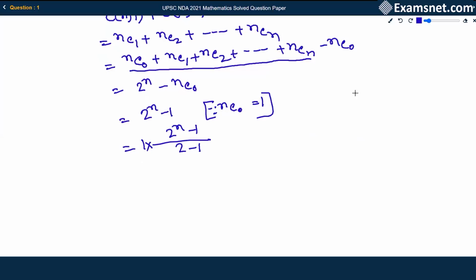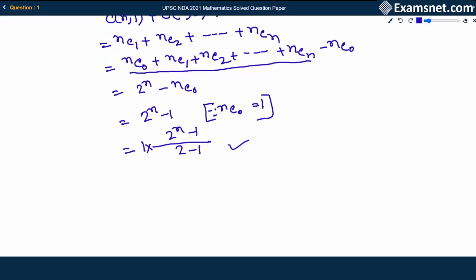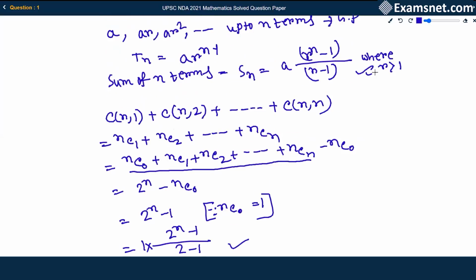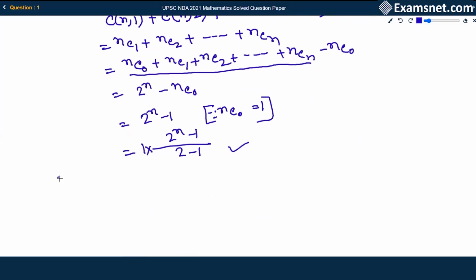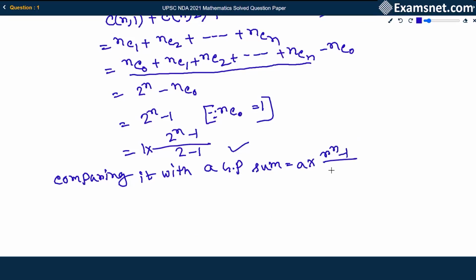If we compare this expression with the sum of n terms of a GP series, that is a multiplied by (r^n - 1) by (r - 1), where r is greater than 1, here we get a equals 1 and r equals 2.